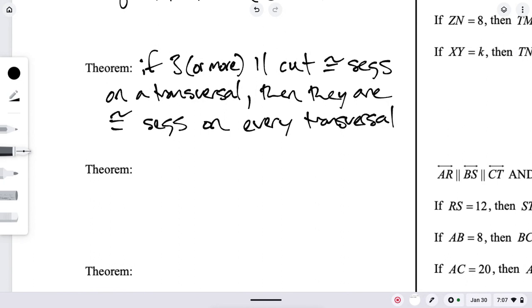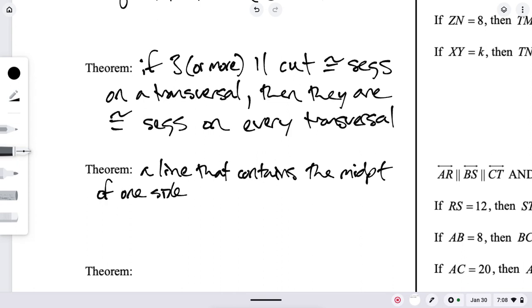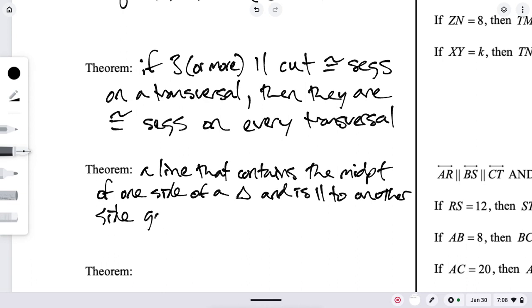The third theorem on your notes: a line that contains the midpoint of one side of a triangle and is parallel to another side goes through the midpoint of the third side.